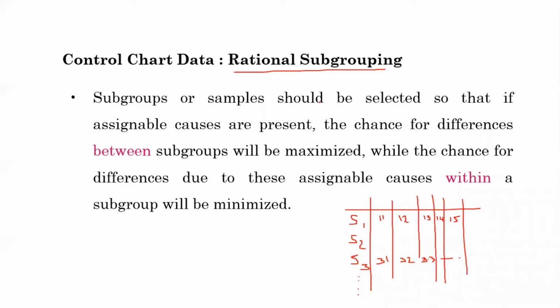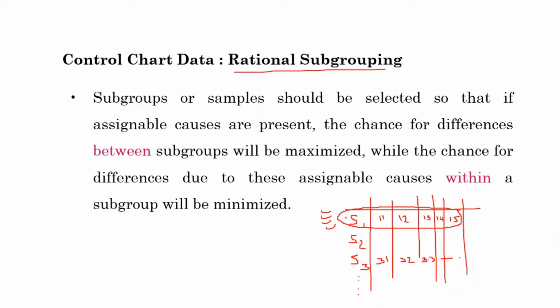Now, what we mean by rational subgrouping is that we want these samples to have a high level of similarity. That means we want them to be collected, for example, from the same operator at the same operating time, using the same machine, using the same instrument, and so on.